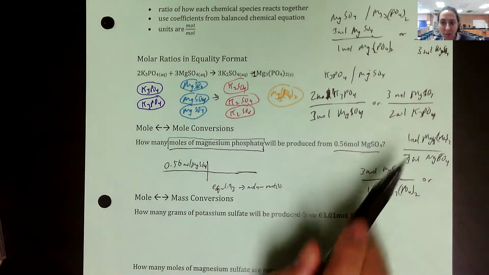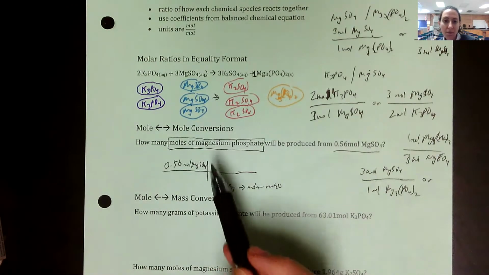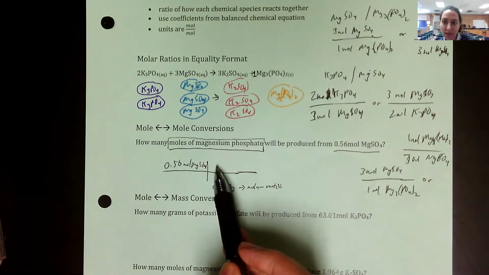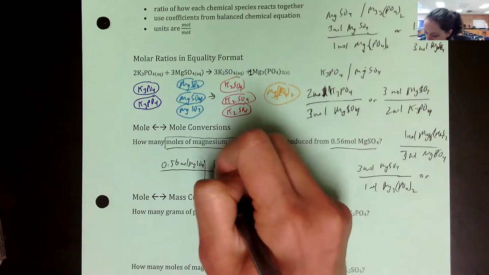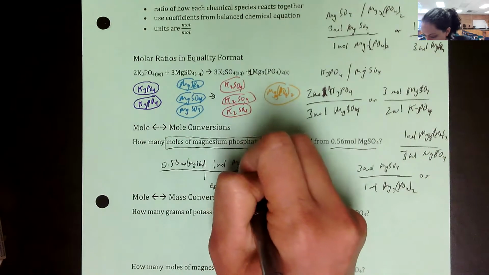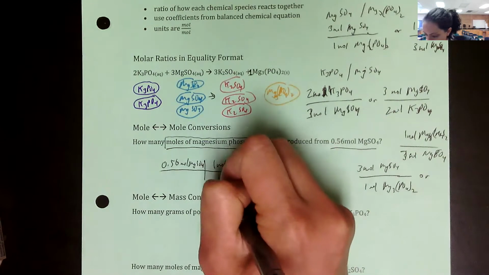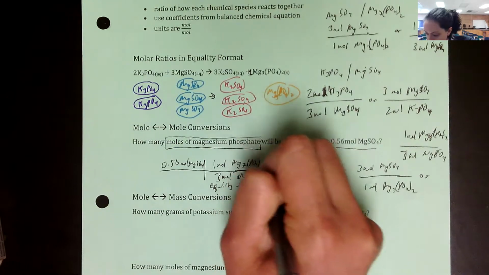Okay. So those are my 2 equalities. I have to now decide which one of these 2 fits best in this equation. Well, I need to get rid of magnesium sulfate and replace it with magnesium phosphate. So it looks like this is going to be the one that will work. All right.